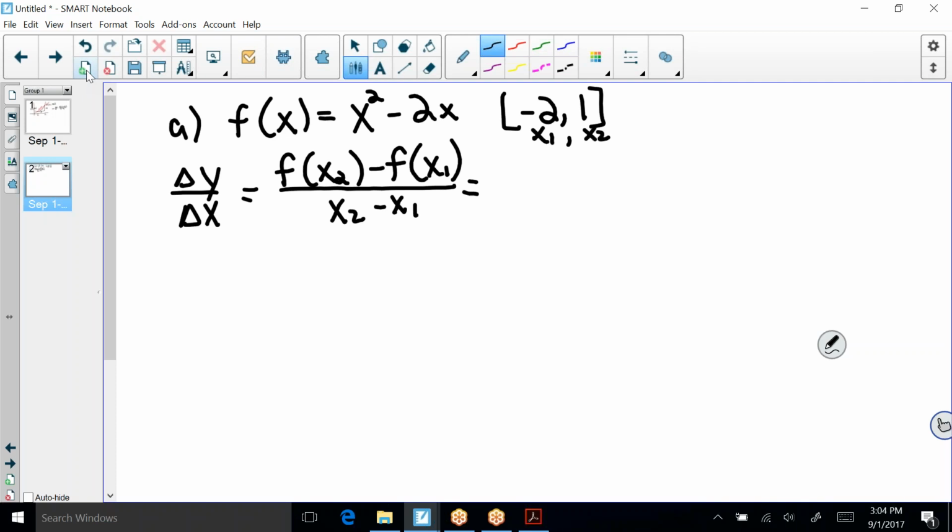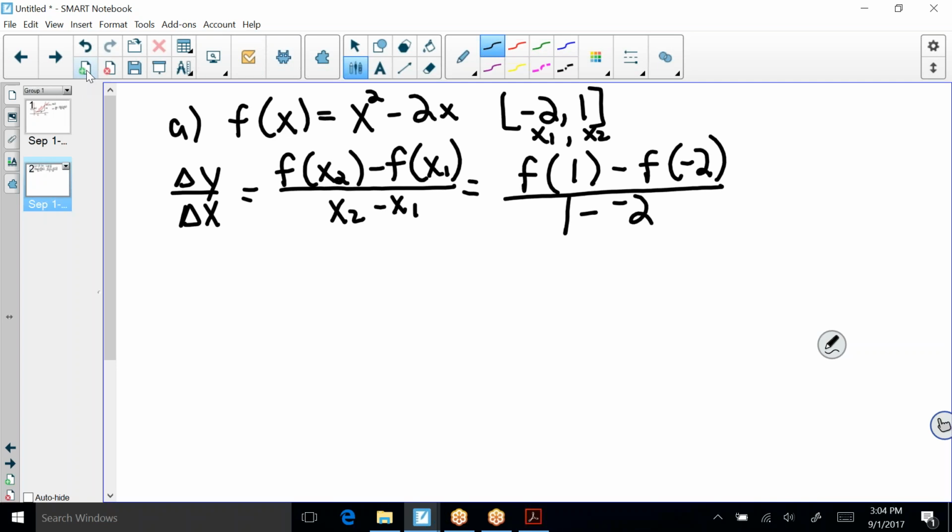So we're going to fill those values into this formula. So we have f of x sub 2, which is f of 1, minus f of x sub 1, which is f of negative 2. And that's going to be divided by x2, which is 1, minus x sub 1, which is negative 2. So we have 1 minus negative 2 in the denominator. Now we have to find f of 1 and f of negative 2.